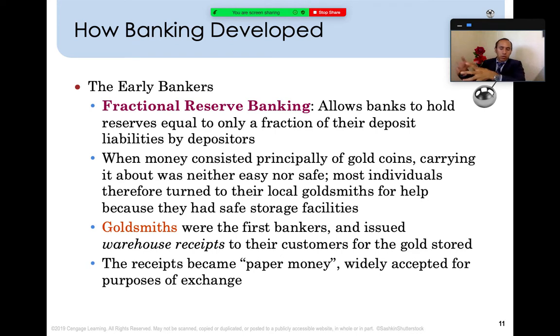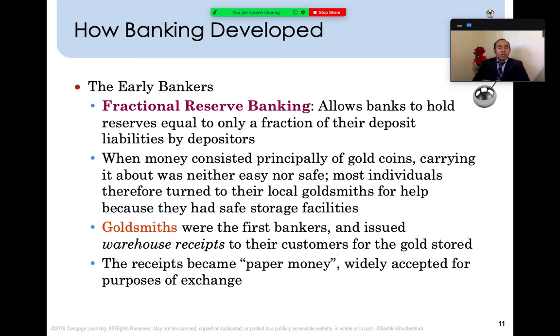Hey, we want to store our gold there, and you issue us a receipt. And they trusted the goldsmith. They would give them a receipt, which is a note, saying you have this X amount of gold with us, and you can use this receipt as paper currency. And banks started to realize that the individuals who stored their gold would not always go back and withdraw all of the gold. They would have extra funds or excess reserves that they could use for something else.